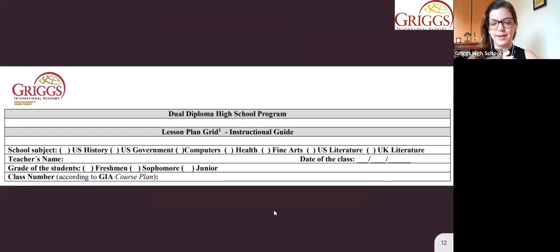The lesson plan sounds complex, but I promise you it sounds more complex than it actually is. And we're going to see it part by part. After the demo lesson next week, you're going to see the lesson plan of the demo lesson, to see how a lesson that was taught here live translates into a lesson plan.